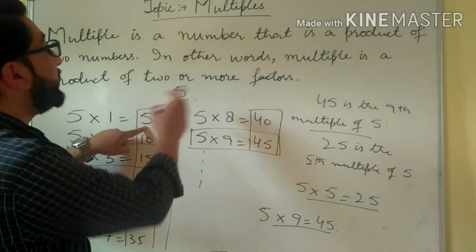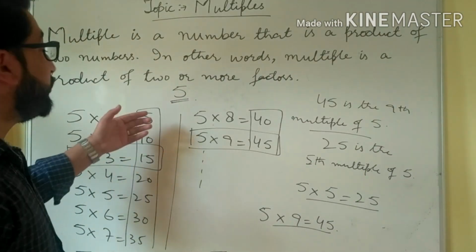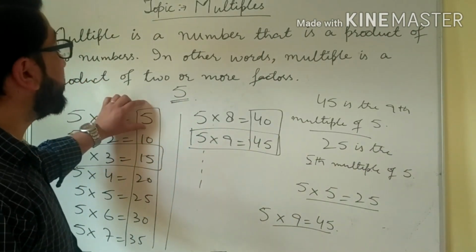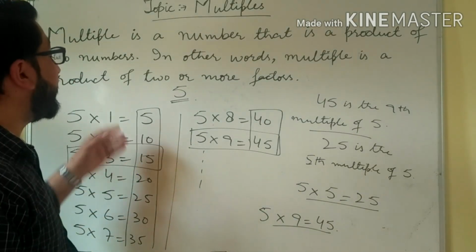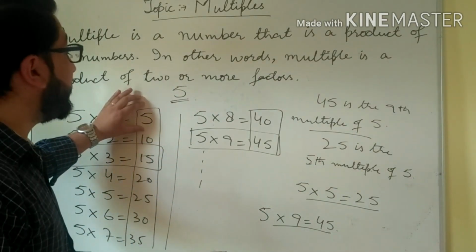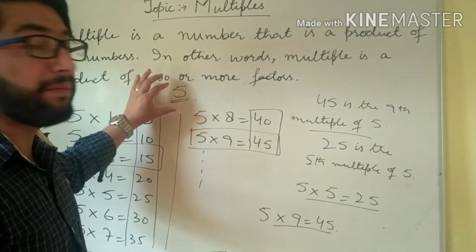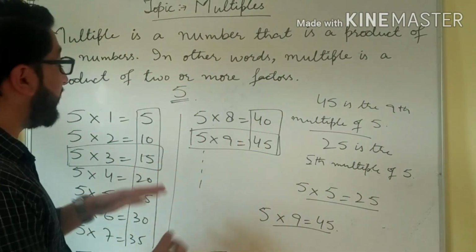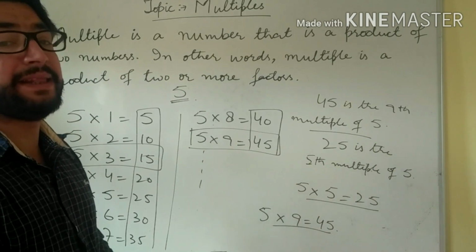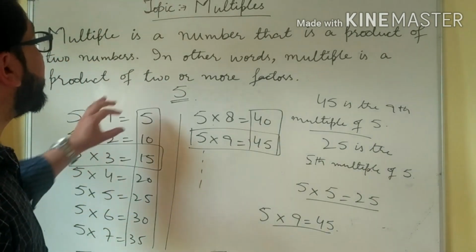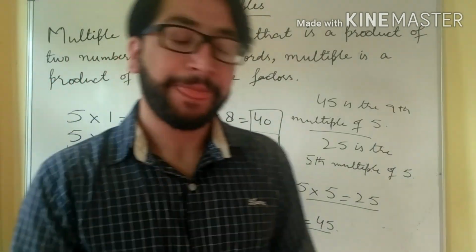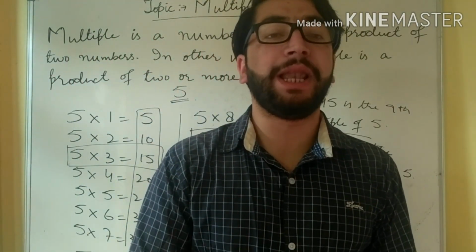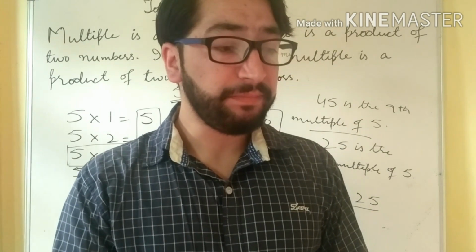So we can say that every number is a multiple of itself, and we can also say that the first multiple of every number is the number itself, and all the other multiples are greater than the number. And we can even say that the smallest multiple of every number is the number itself. So this was all about multiples.